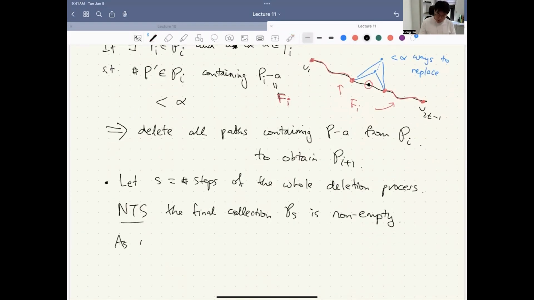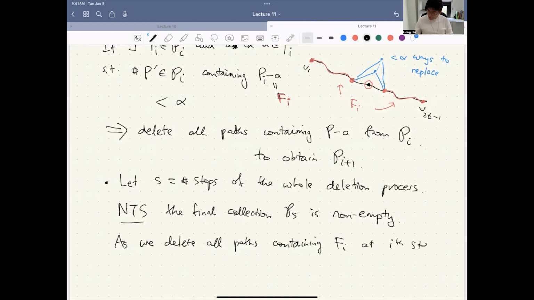So as we delete all paths containing Fi at the i-th step, all the Fi's are distinct ones.